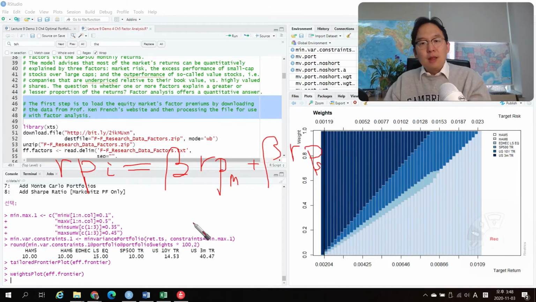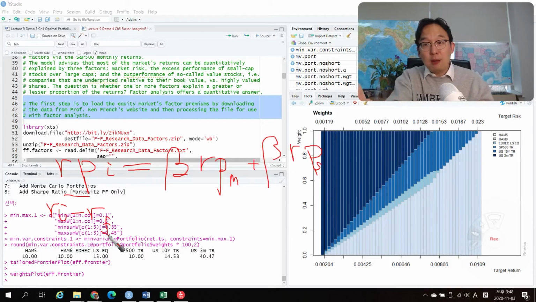Why do you say this is a long-short portfolio? Because risk premium is always an excess return concept. A stock's risk premium is your stock's return minus what? The risk-free rate. That's a long-short portfolio: longing your stock and shorting the risk-free asset.